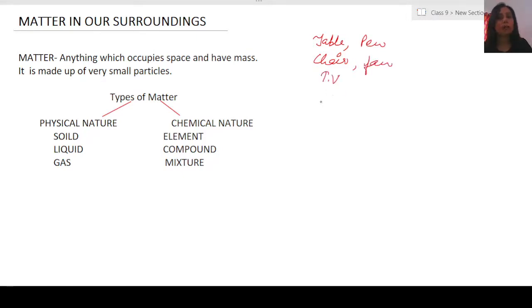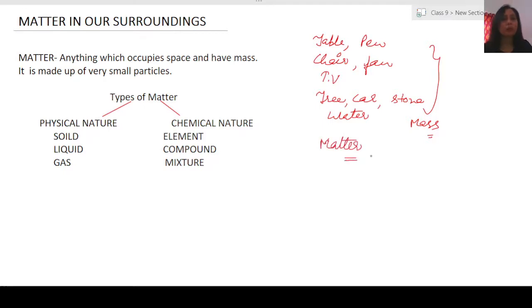If you are outside, you will say that there are trees, there is a car, there is a stone, there is water, right? What is common in all of them? They are basically having mass to them and there is some volume to them, right? Now, nowadays, scientists call all of these things or the materials around us as matter.